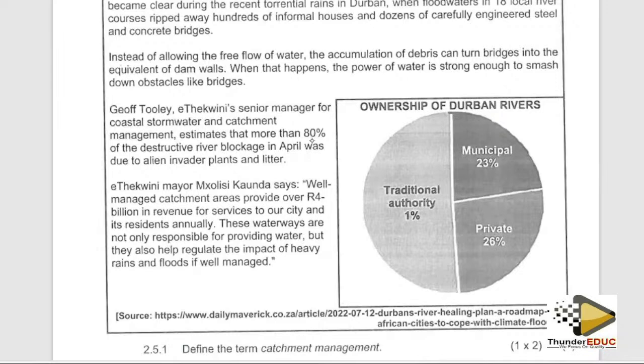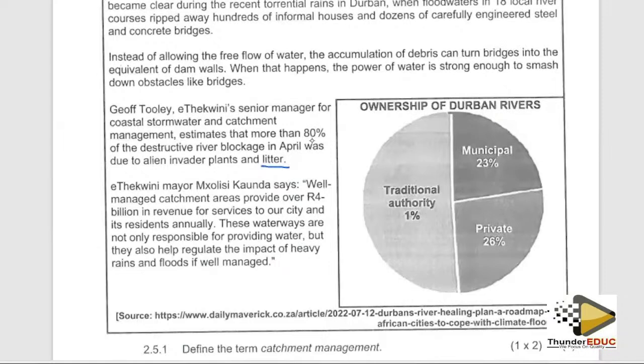Okay, so we will identify litter, which is the same as pollution.